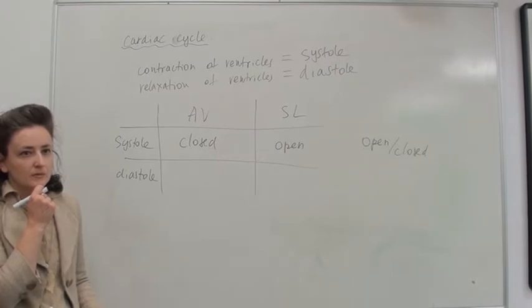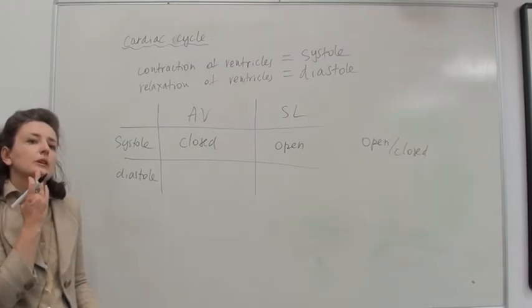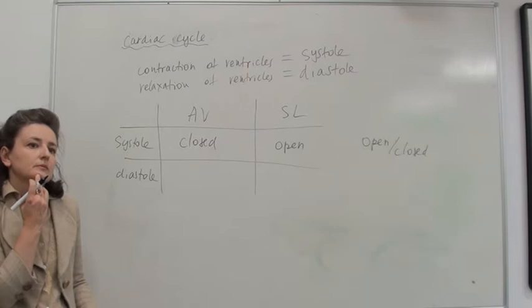Then the valves need to close, to allow that pressure. So then blood can go through. The aorta would need to be open to allow blood to leave.